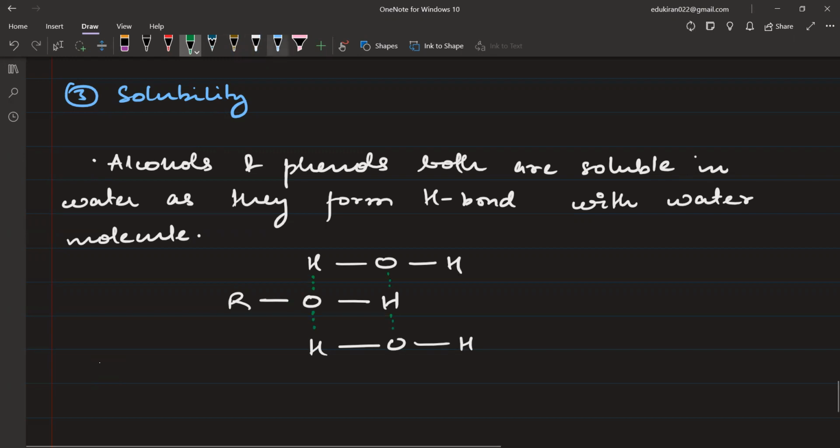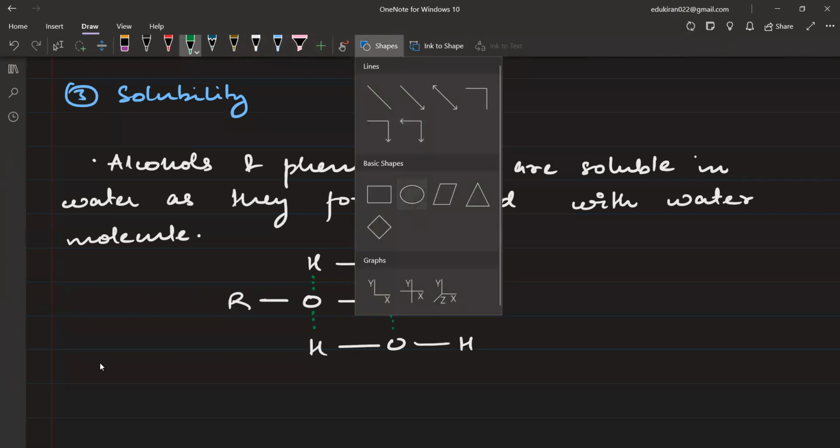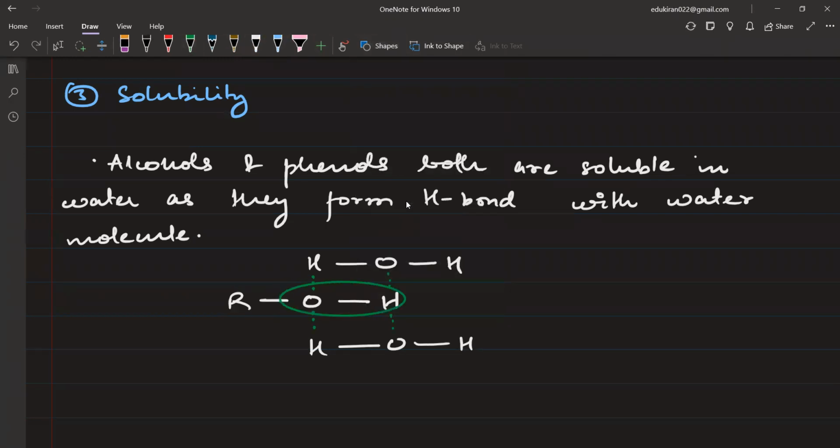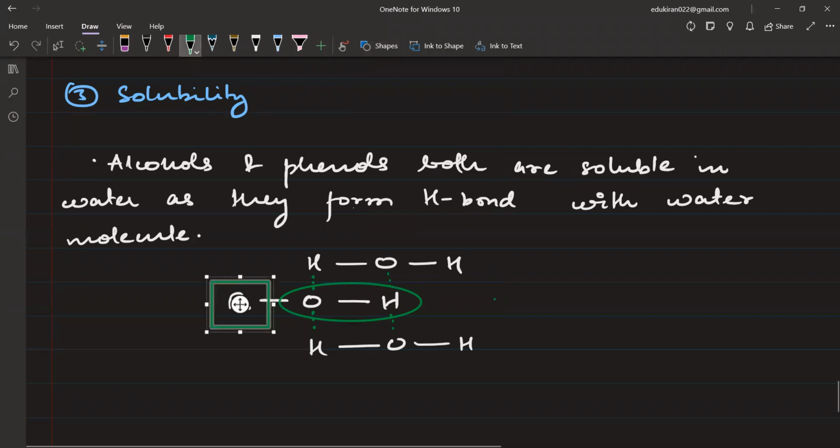Now the important thing that you have to see here is this part. Alcohol has two parts. This OH part here is responsible for the formation of hydrogen bond. That is why this part is favorable for solubility. But this R group is not taking part in solubility. It is not forming any hydrogen bond with water molecules. That is why it is not favorable for solubility.